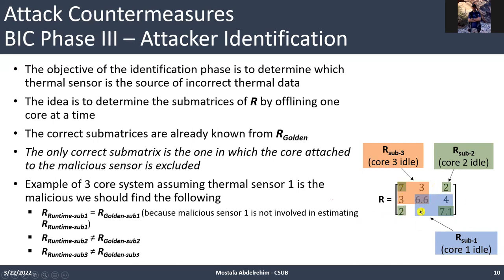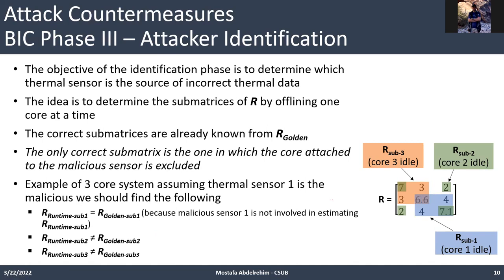But let's assume that one of the cores is defective, so it will not work, and we don't need to run anything on that core. In that case, our processor will be just 2 cores, and we just need a 2x2 matrix.